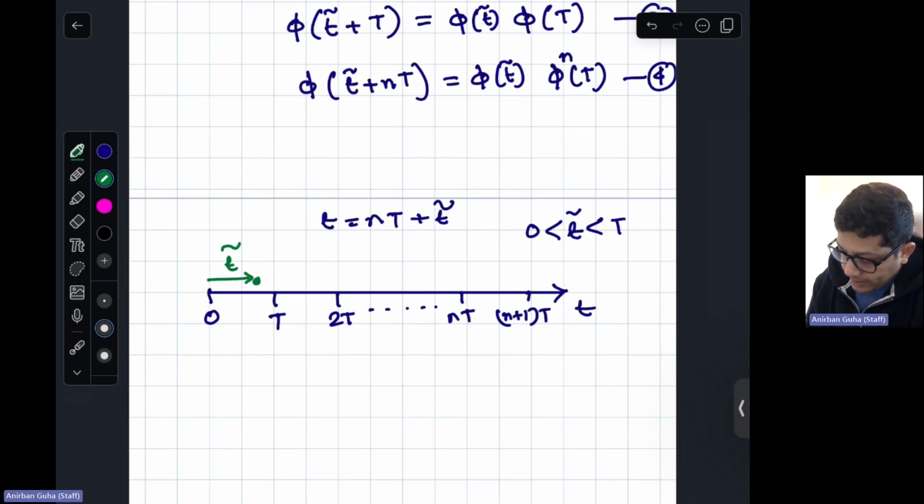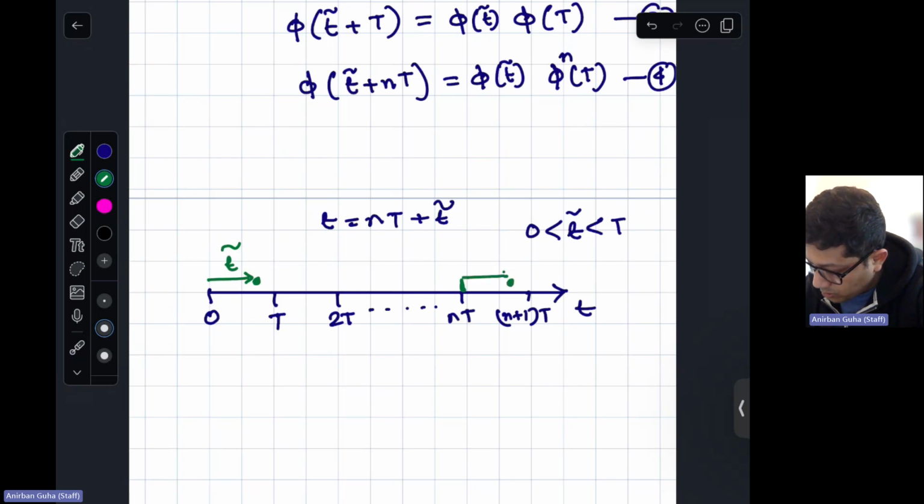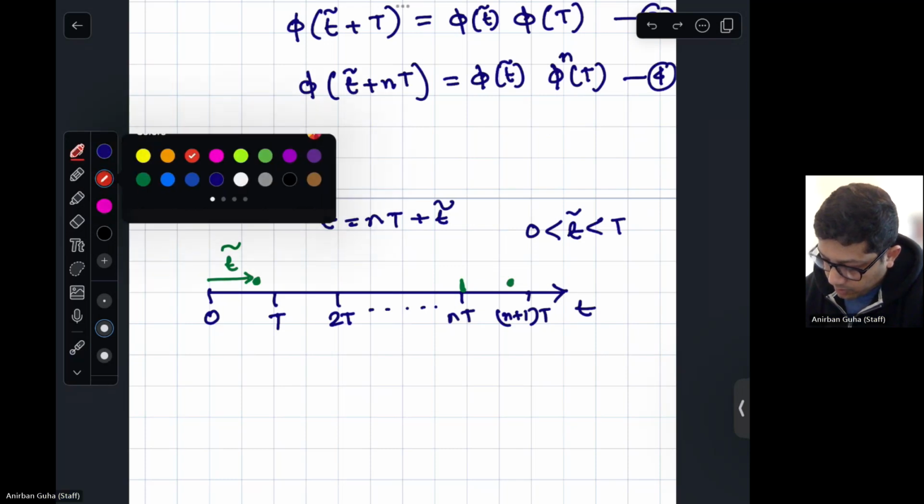So equation 4 says that phi of t tilde plus nT. So that means that this is your nT, right? And plus t tilde. So use some other color, red maybe.